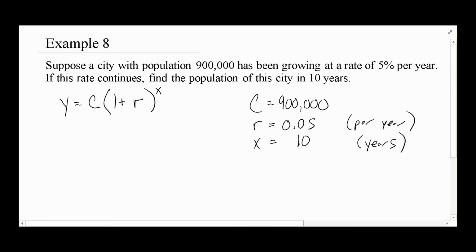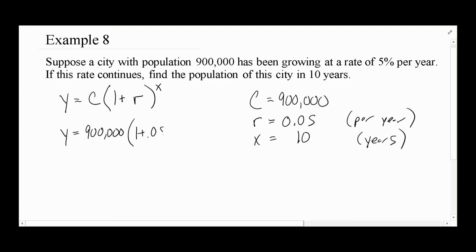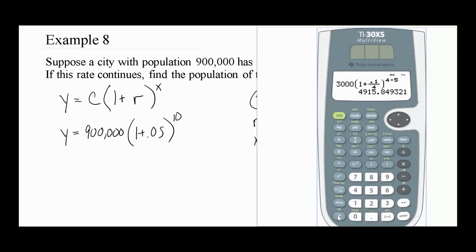So I want to make sure I remind myself that yes, it was 10 years. Those guys match up. And so really then at this point, this is just a plug and chug kind of problem. We have 900,000 times 1 plus 0.05 to the 10th power. And so we're just going to get out our calculator and type that in.